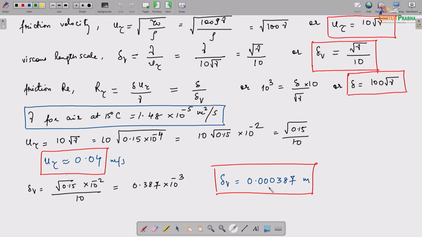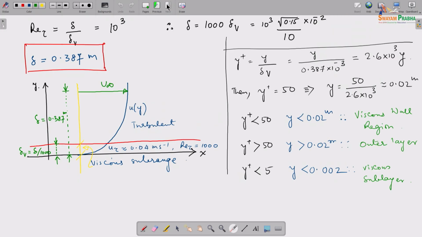Delta V is this, which is definitely much less than 0.002 in this particular case. So the delta V that I have here corresponds to the viscous sublayer. And till about 0.02 we have a viscous wall region, the rest of it is outer layer.